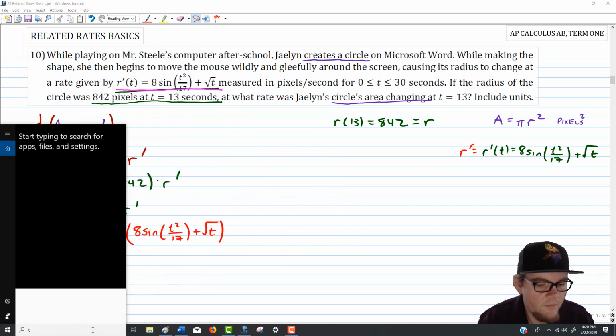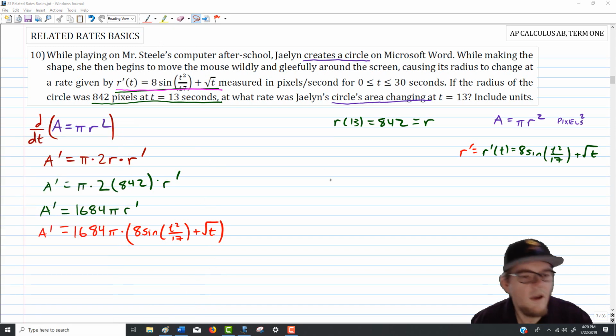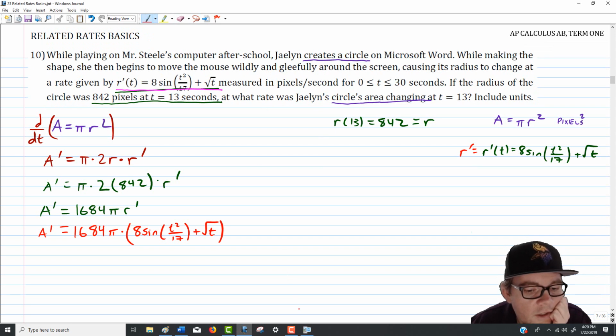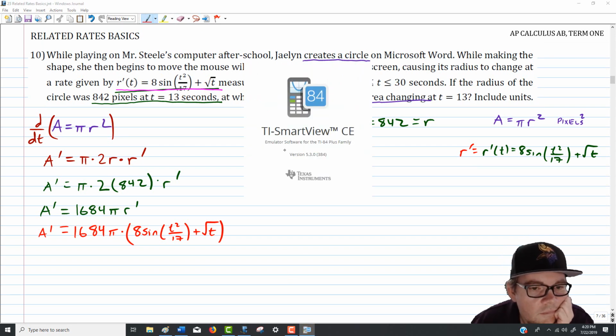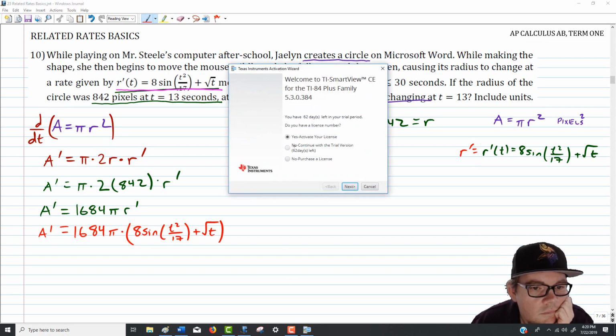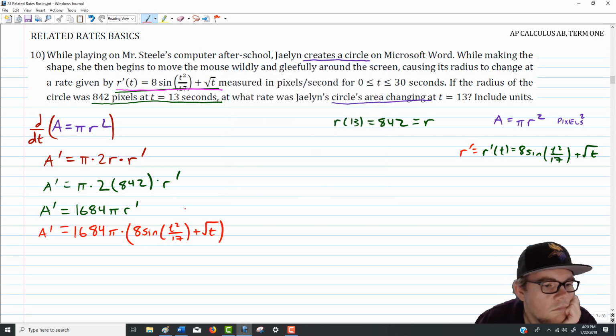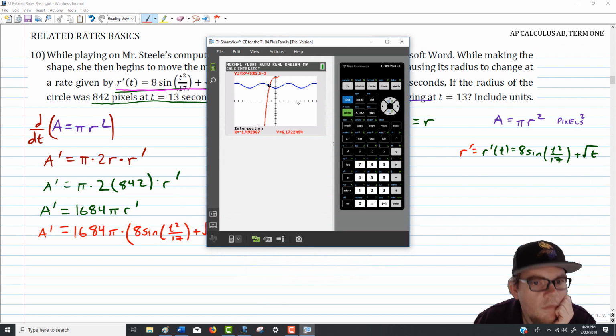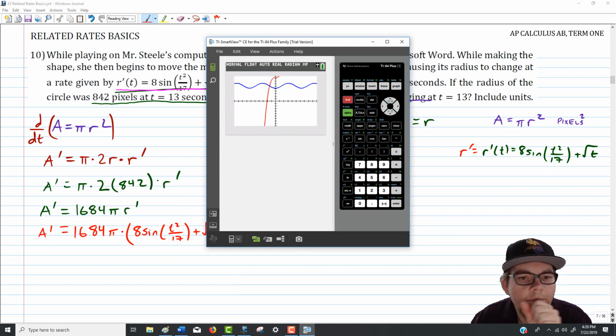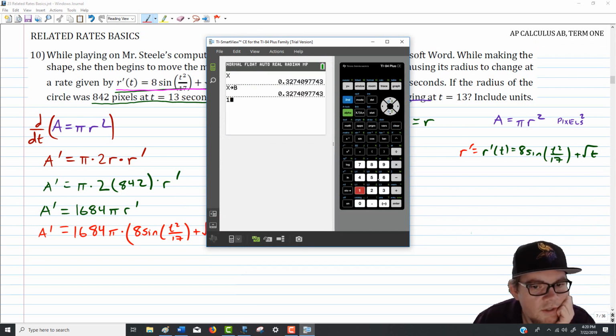So in fact, let's go grab the graphing calculator here. Could have done it on Desmos or something, or Wolfram Alpha, but we'll stick with the calculator. Okay, so what we wanted to calculate here, we want to do 1684 pi.